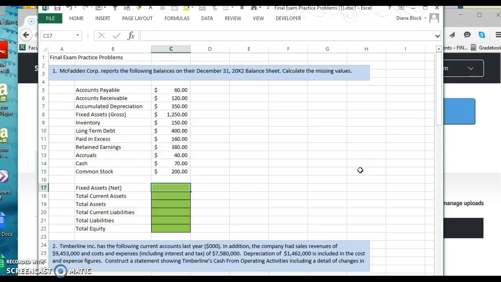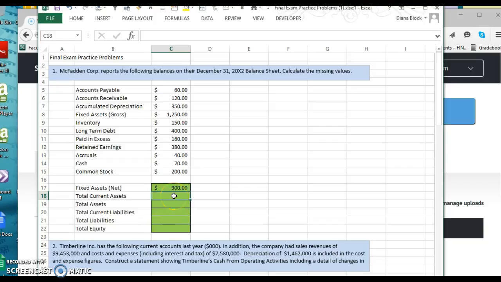So for example, it asks you what are the fixed assets, the net fixed assets. So we see that there's fixed assets given, and then we've got some accumulated depreciation. So in order to find out what the fixed asset net is, we'd have to take the fixed assets that were given, subtract the accumulated depreciation, then we'll know how much the net fixed assets are.